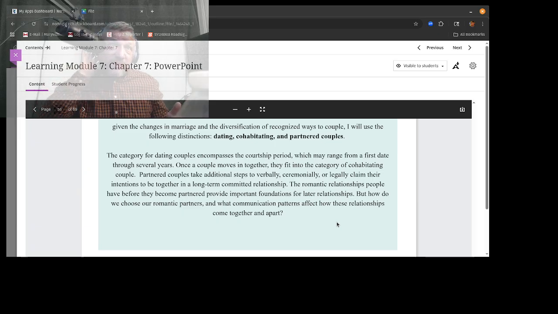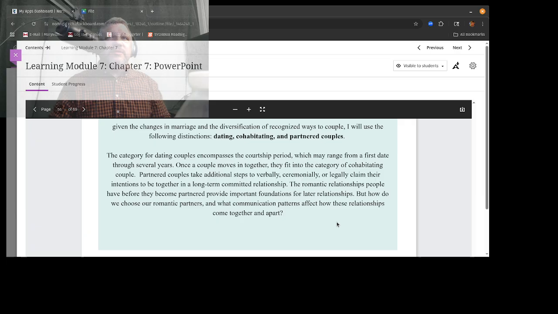It could last weeks, months, years. Once a couple moves in together, they fit the cohabitating couple. Partnered couples take additional steps to verbally and ceremonially create a claim to their long-term relationship, meaning they go through some sort of ceremony.